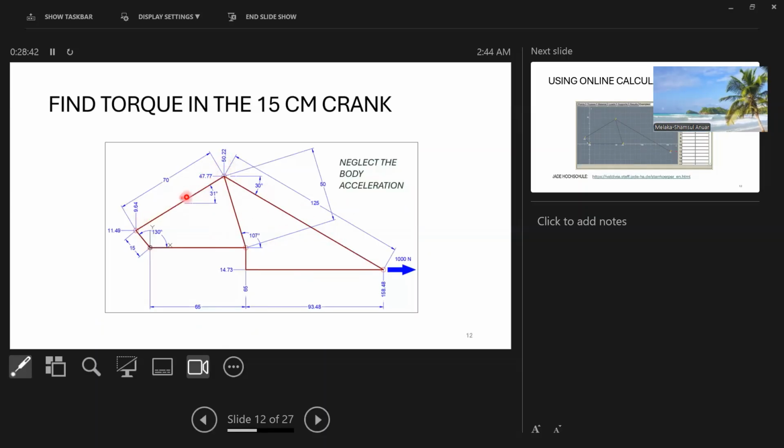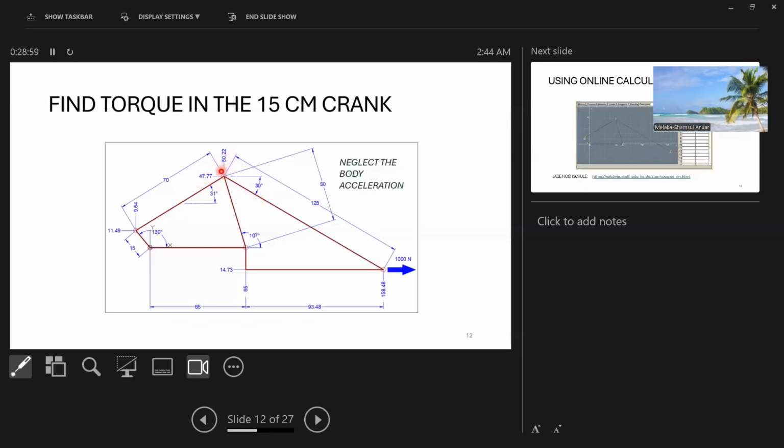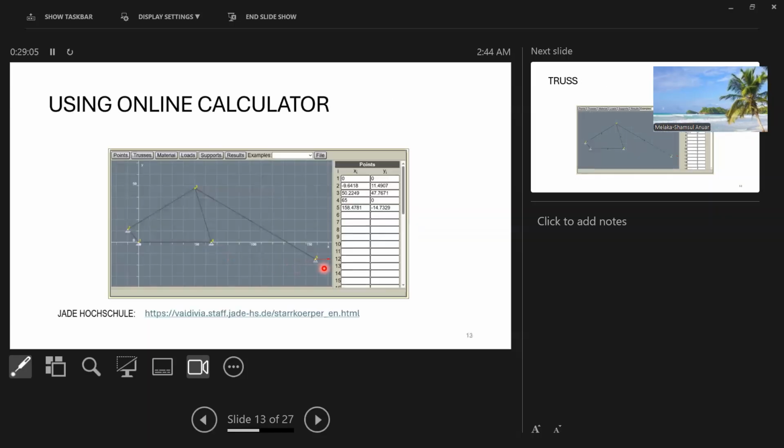So this will be all this information. For example, this is point 3, with 47 and 50. So 50 will be the x, and 47 will be the y. It actually comes from the coordinates that you can get from your CAD.